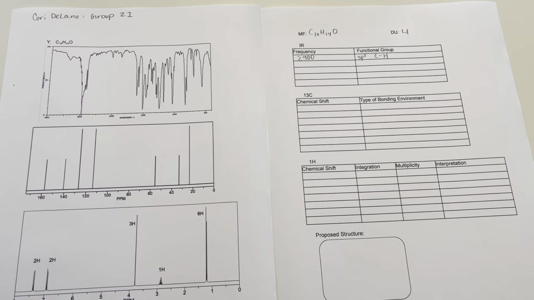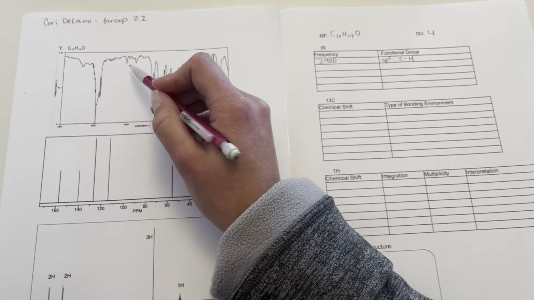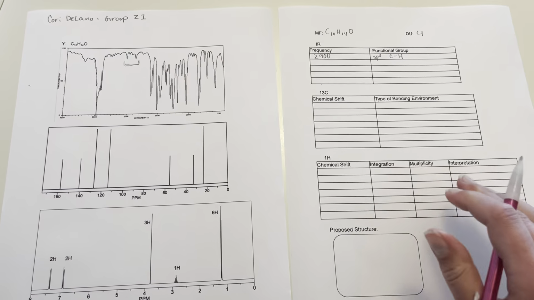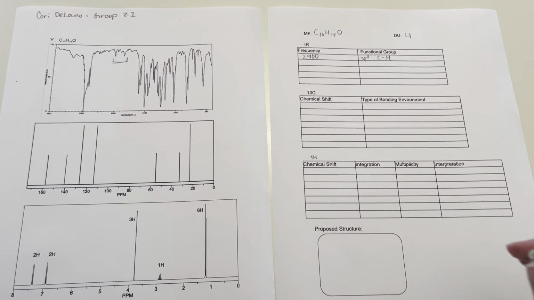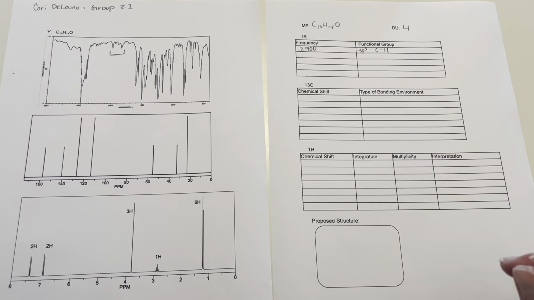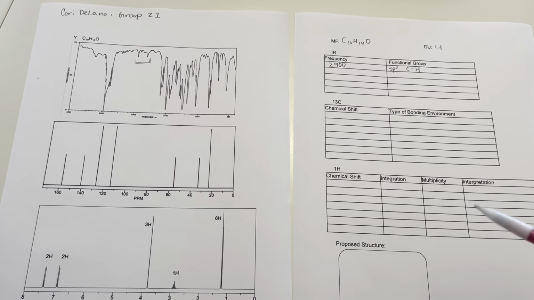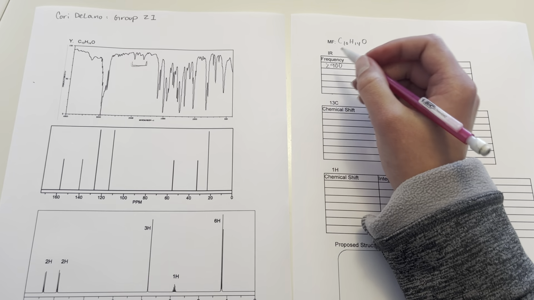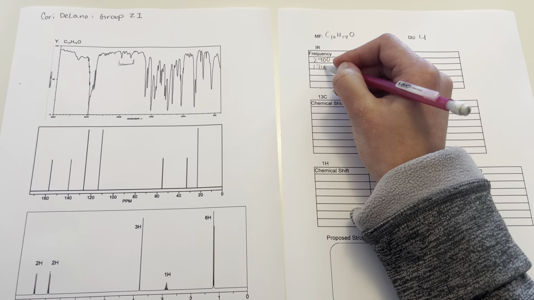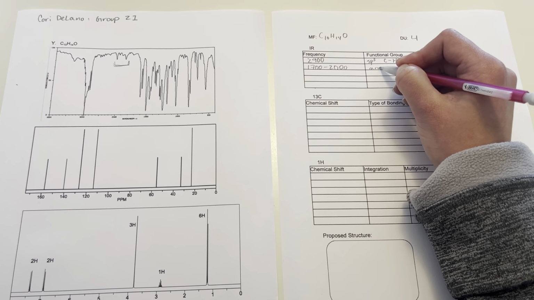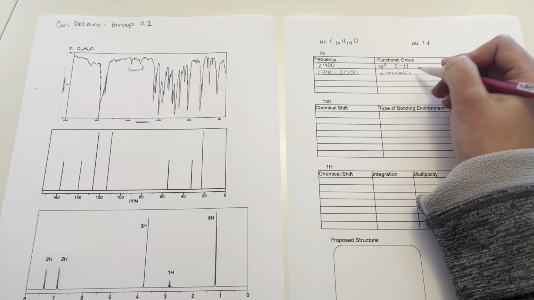Then there's some noise happening here, which I believe is the aromatic region. That makes sense with our molecular formula and degrees of unsaturation, so already we can be thinking that we might have an aromatic. I'll just say 1,700 to 2,000 is aromatic.